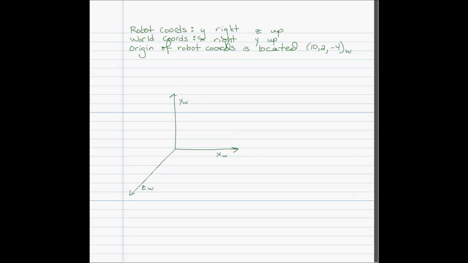So let's plot the point 10, 2, -4 and see where we get. Of course, in our class, we always plot on the ground plane first, so that's going to be the xz plane. So we need to go 10 along the x-axis, 1, 2, 3, 4, 6, 7, 8, 9, 10, and -4 along z.